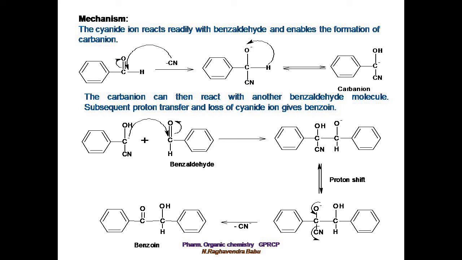In the next step the carbanion again reacts with another mole of benzaldehyde to form an intermediate where proton shift takes place with the liberation of cyanide ion to form benzoin as the final product.